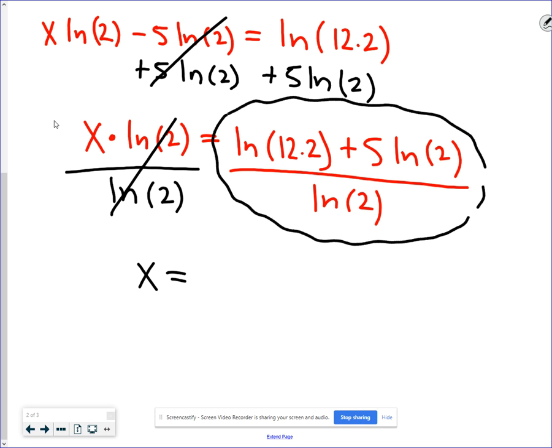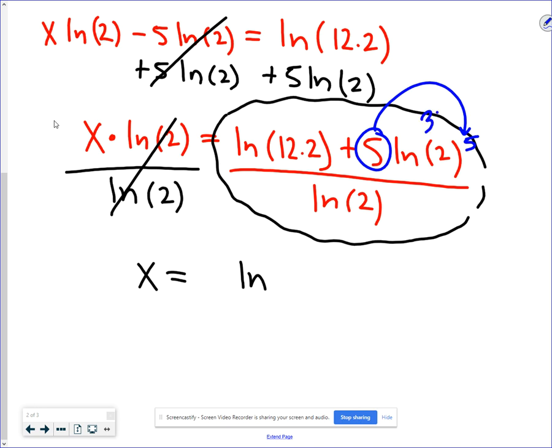But we can clean this up and make it easier to type into our calculator, just like we did last week. We want to combine the 2 logarithms on top into a single logarithm. So first thing we're going to have to do is take this 5, move it to the exponent on the 2. So we get 2 to the 5th, which is 32, right?